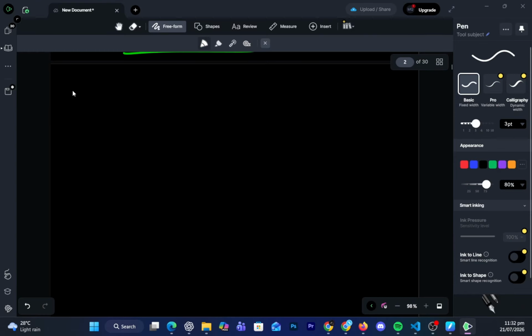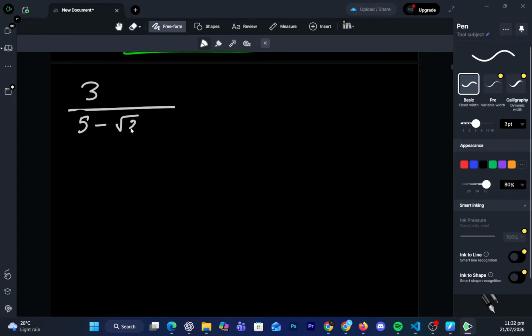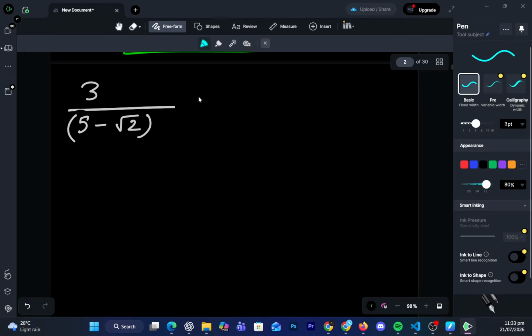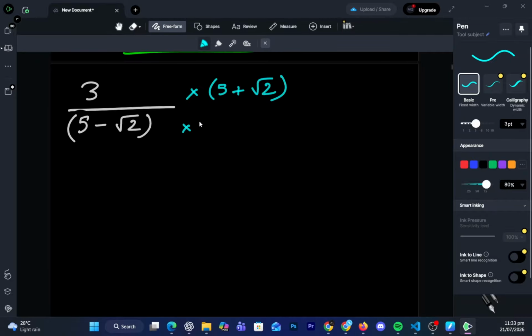Let's solve another example. Simplify 3 over 5 minus under root 2. The conjugate of 5 minus under root 2 is 5 plus under root 2. So we will multiply both the numerator and denominator by 5 plus under root 2.